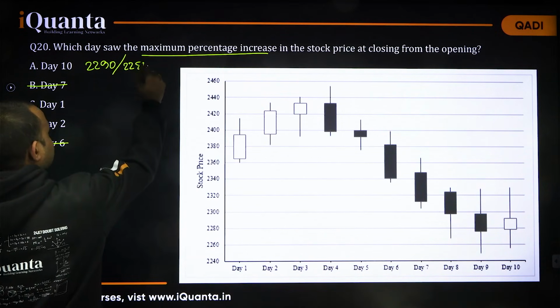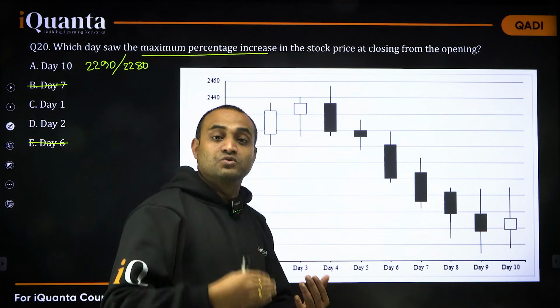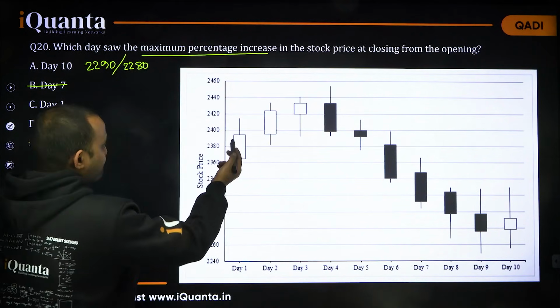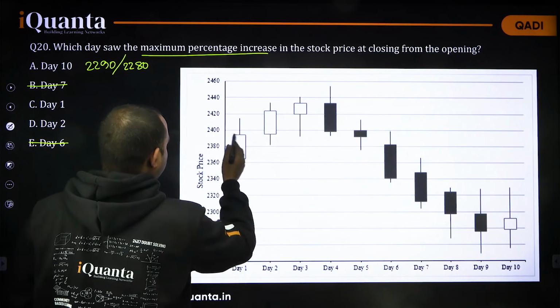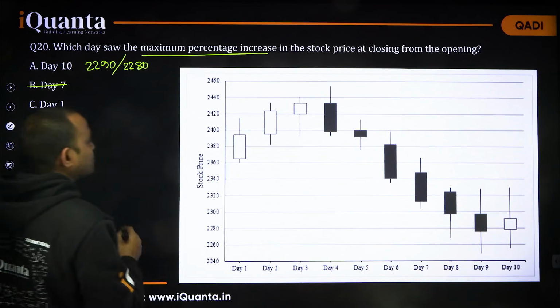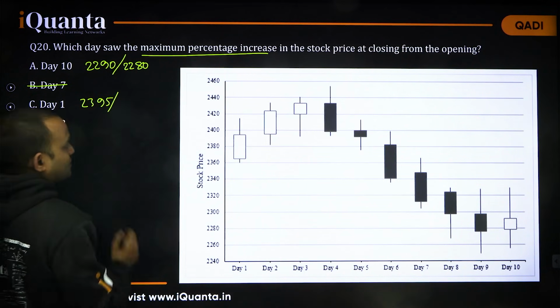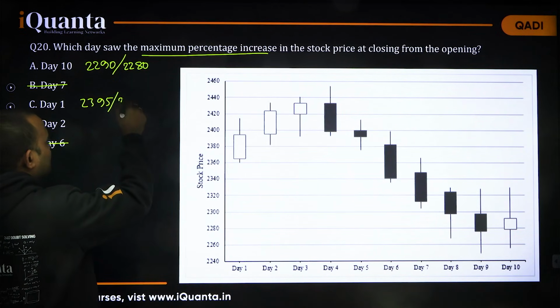So there is an increase of 10 out of 2280, right? This percentage, 10 upon 2280 into 100, is what we need to find. In case of day 1, the closing price was 2395, and the opening price was 2365.